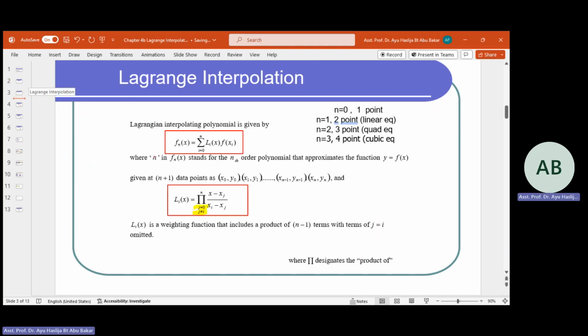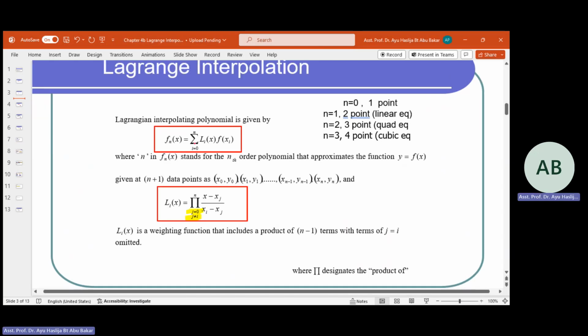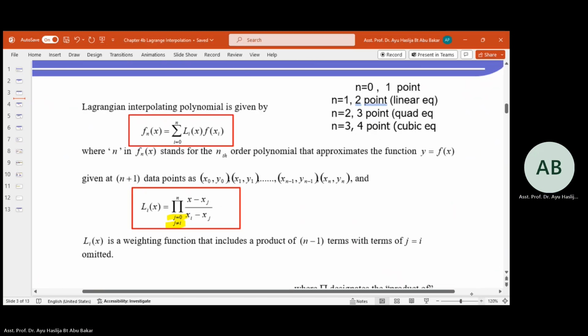Let me make it bigger. This is the formula for Lagrange interpolation, f_n(x), where n is the order. Wait, I cannot write.